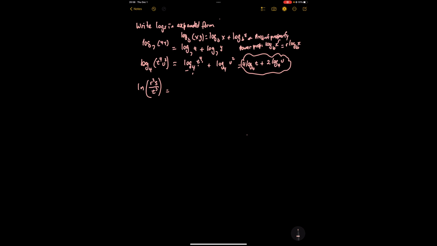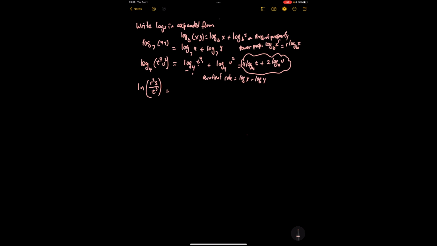So first thing, let's break it down. We have r squared times s over t cubed, right? So let's do the division first. And when you divide logs, it's gonna be what? The quotient rule would be log x minus log y, right?